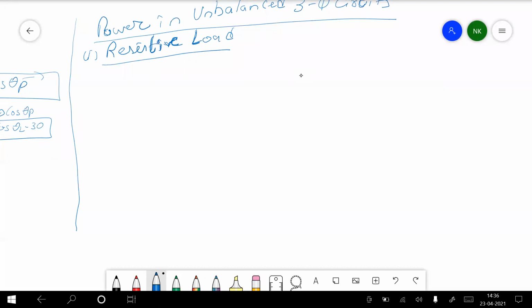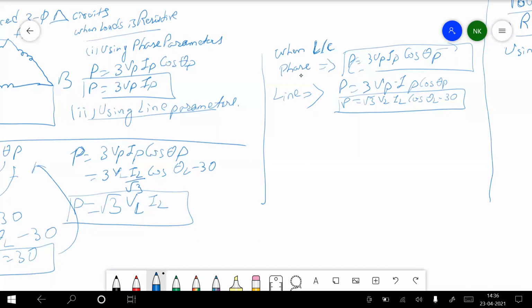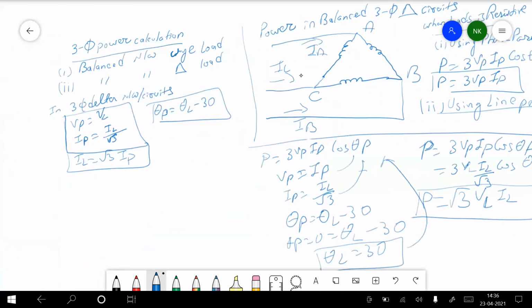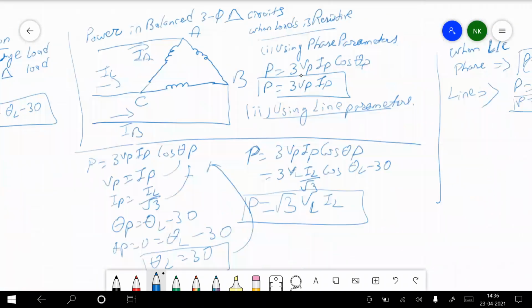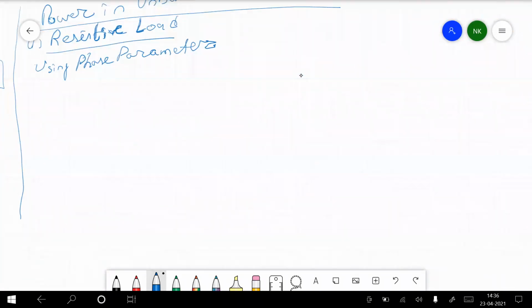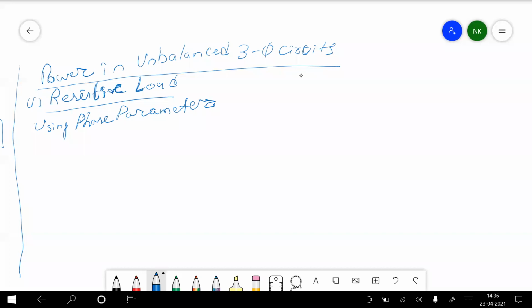Now, if we are going for using the phase parameter, let me draw once. Let me draw over here once.